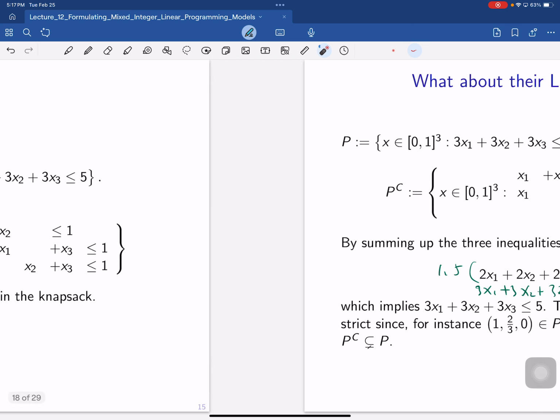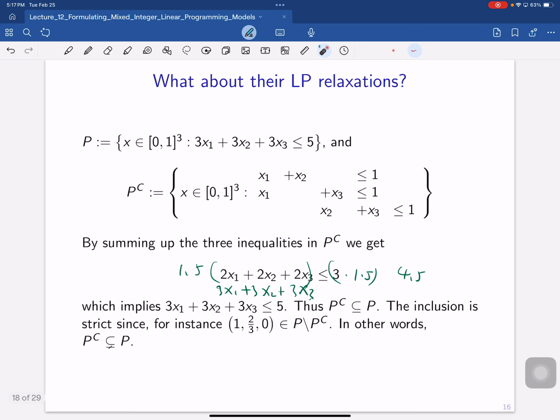Now we show that PC is contained in P. When you say PC is contained in P, you may also wonder, is the inclusion strict?